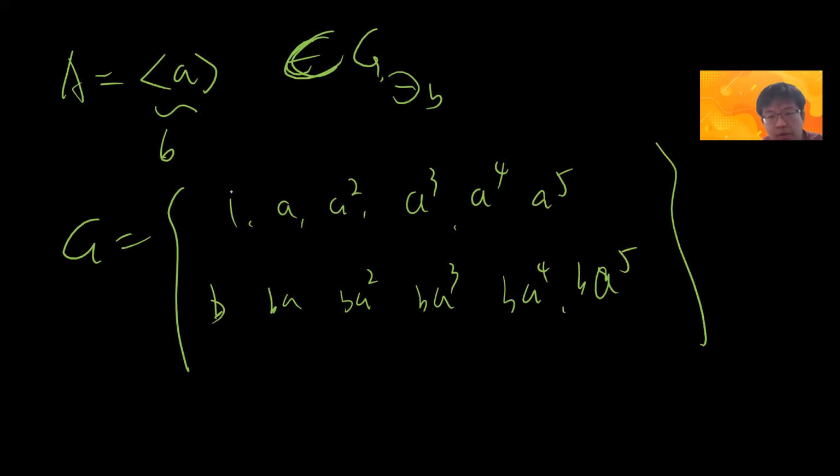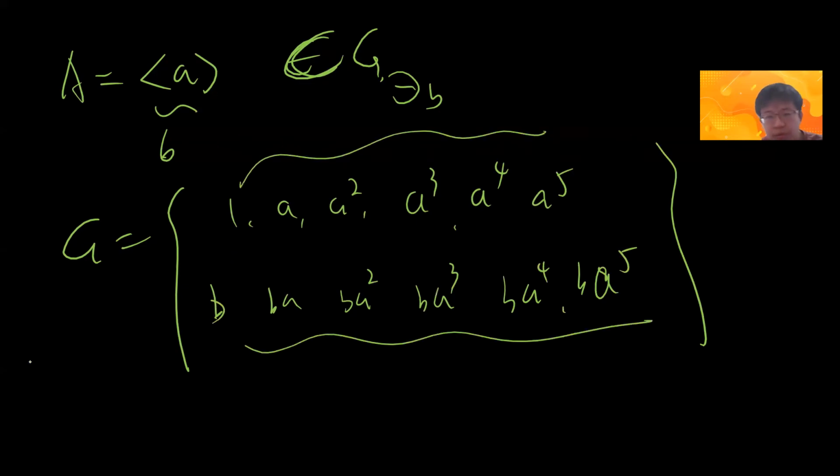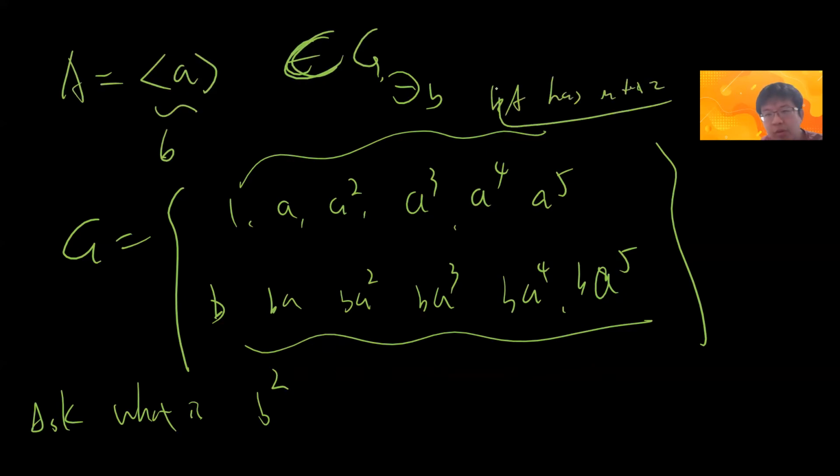So all of these are different. So you can ask, what is B squared? By this, we know that the subgroup generated by A has index 2.